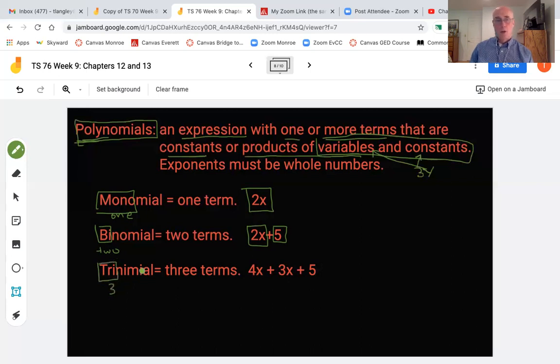So a trinomial, this, by the way, is trinomial, that should be an O there. 3 terms. So 4x plus 3x plus 5, you've got term 1, term 2, and term 3. So we call that a trinomial. A polynomial that has 1, 2, or 3 terms is mono, bi, and tri.